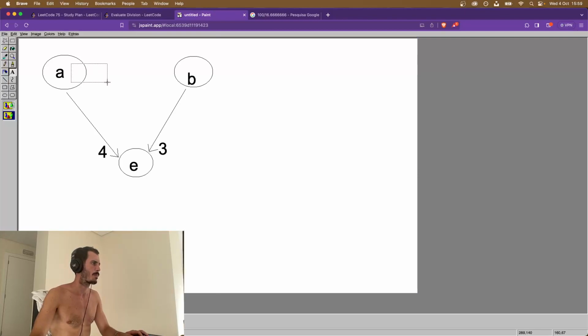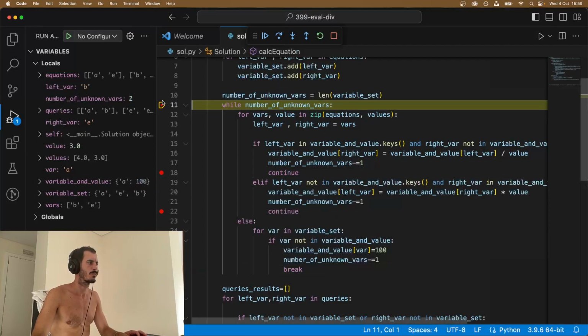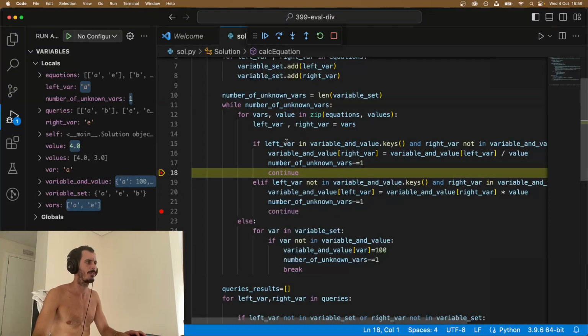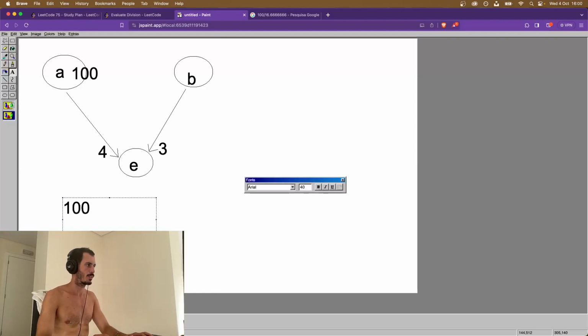Then I find left var is A, right var is E. So we know A, and we know that A divided by E is 4. So that means 100 over E equals 4.